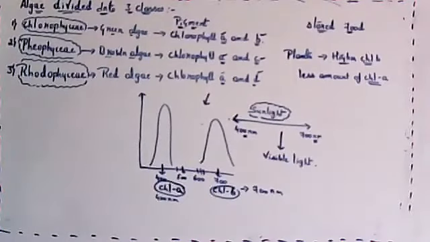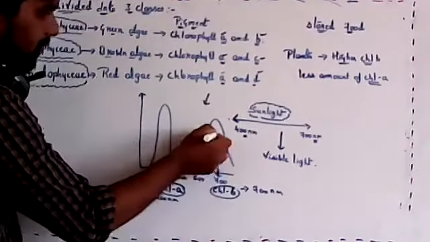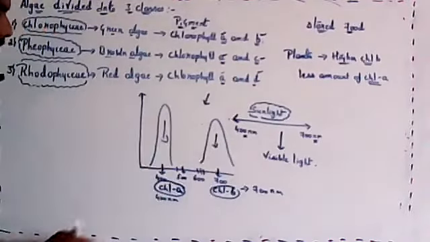Based on the absorption spectrum, it is classified into chlorophyll B and chlorophyll A.